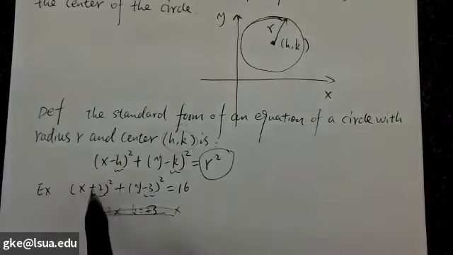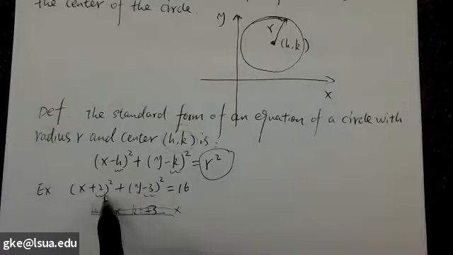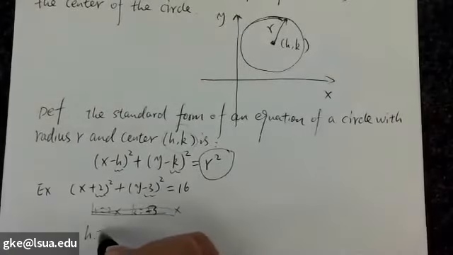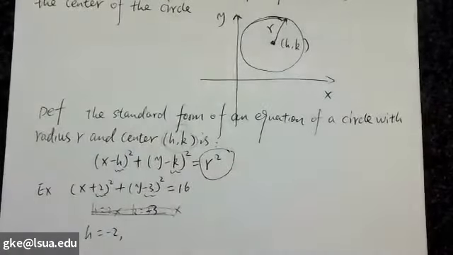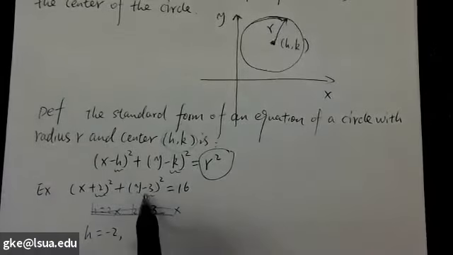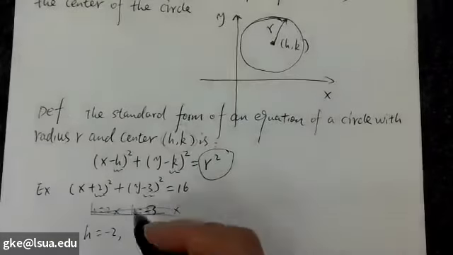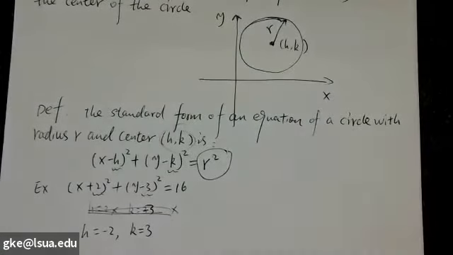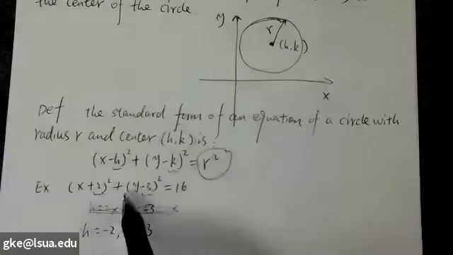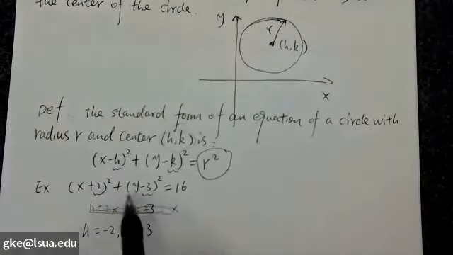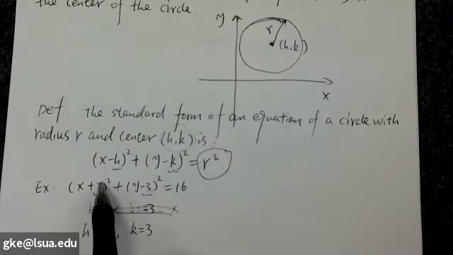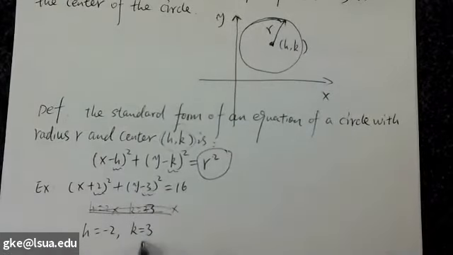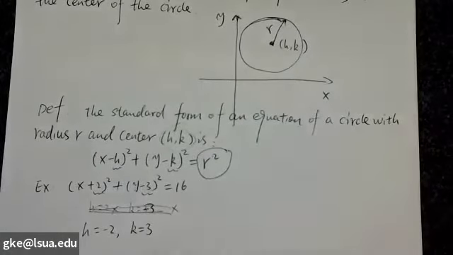If the second value here is plus 2, that means h is negative 2. If here is negative 3, k is 3. That's it. Opposite sign of these two values. So here a positive 2 gives negative 2, and here a negative 3 gives 3. That's it. Clear?